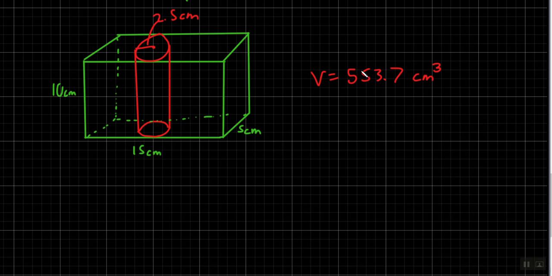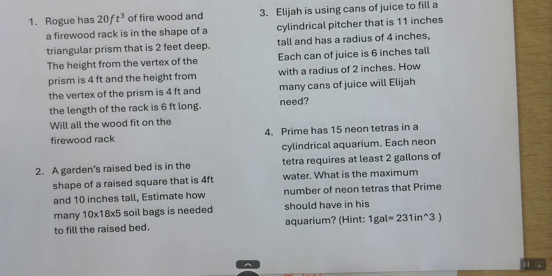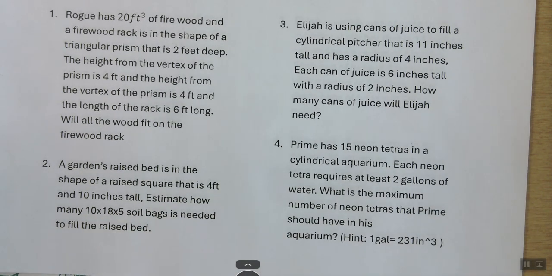Okay, looking at the sheet of paper we have in front of us, I'm just going to project it. These are the type of word problems you are going to see in your future. So look at the first one. Rogue has 20 feet cubed of firewood in a firewood rack that's in the shape of a rectangular prism. So now you have to draw a rectangular prism that is 2 feet deep.